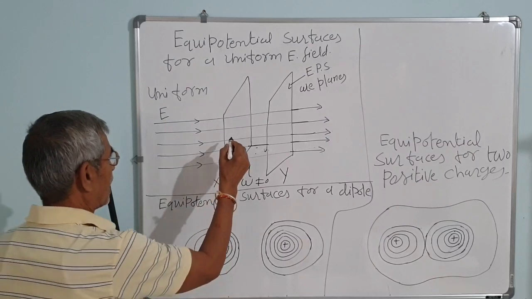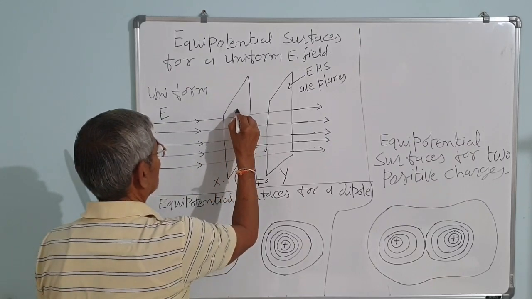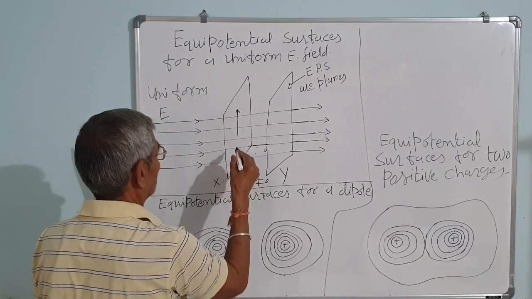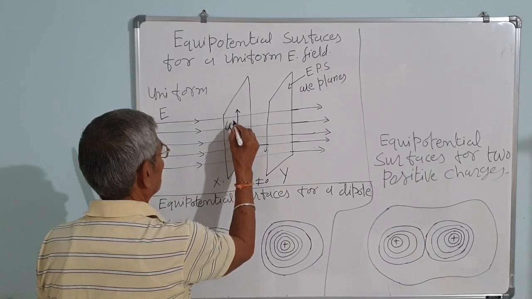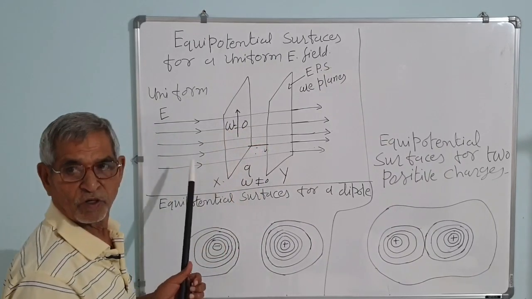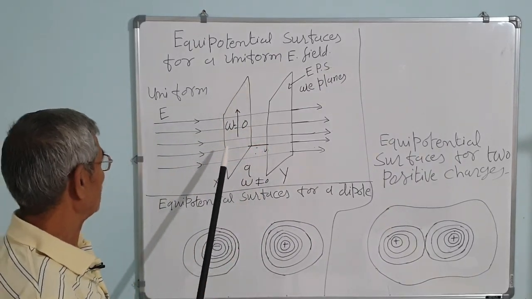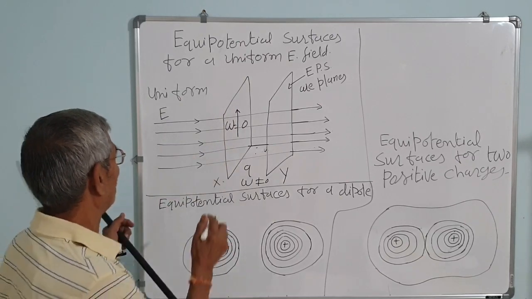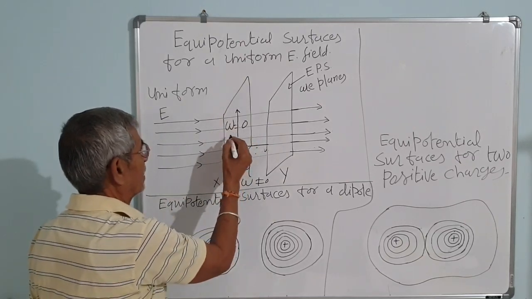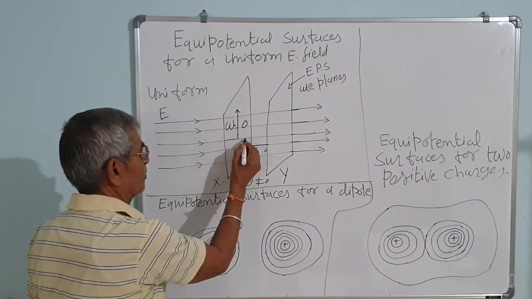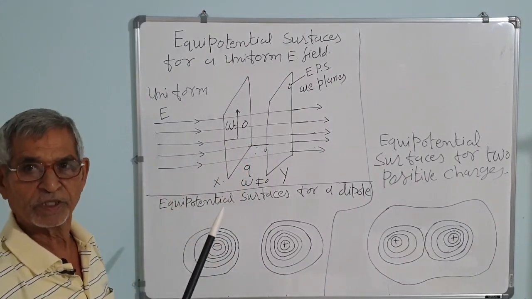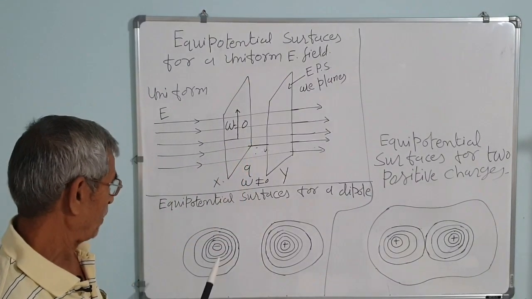But if you move the charge along the same equipotential surface, then work done is 0, because there is no potential difference in moving the charge. Another point, electric field and the displacement are at right angles, so E dot dr also is 0. Mathematically also you can prove it.